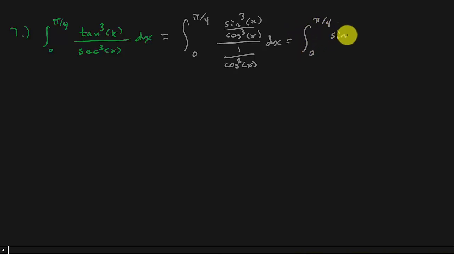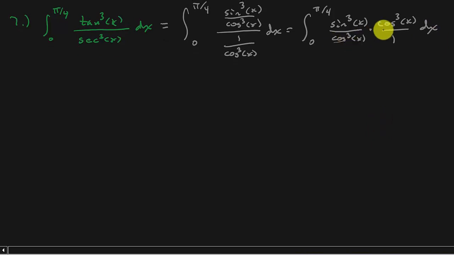And let's see, that's actually sine cubed x over cosine cubed x times cosine cubed x over 1 dx. And then look at that, those cancel out. So we're left with 0 to pi over 4 of sine cubed x dx. Now that looks a little better.